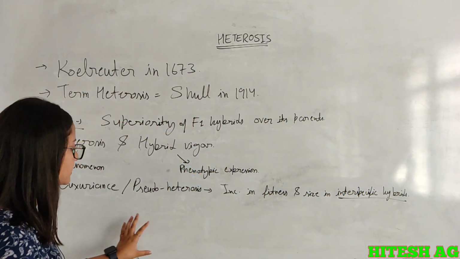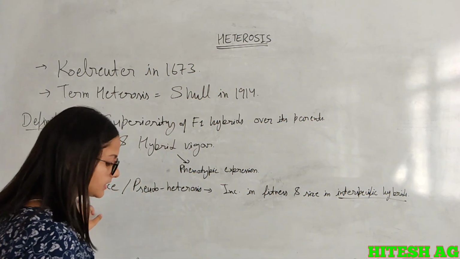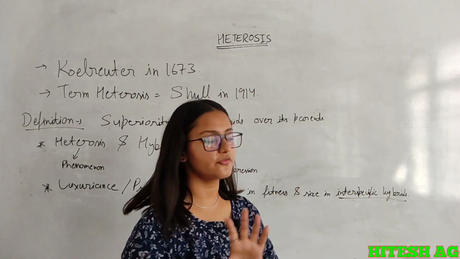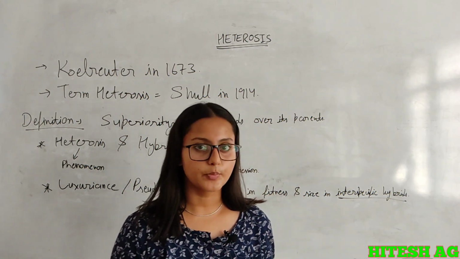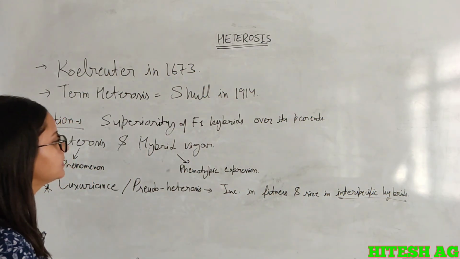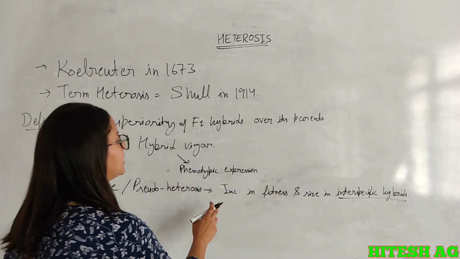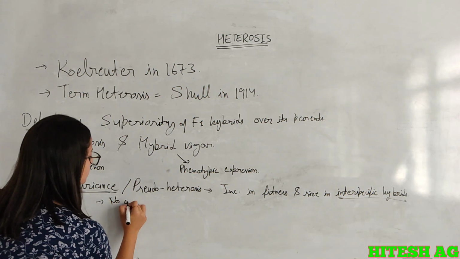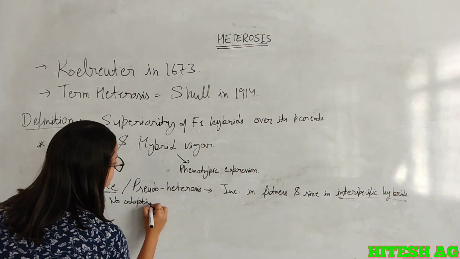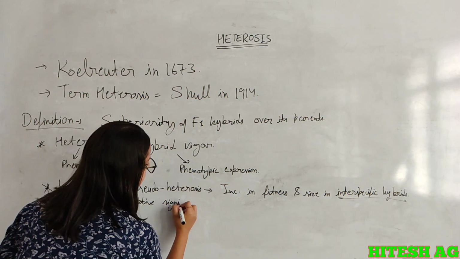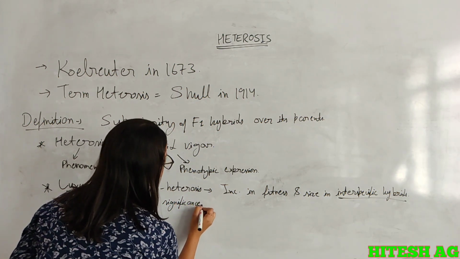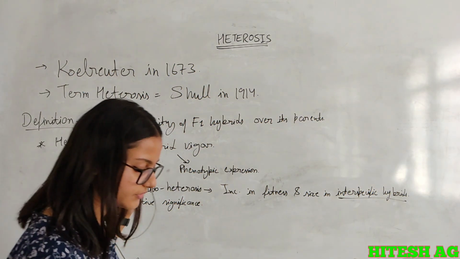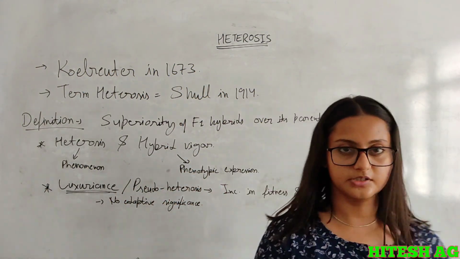So in luxuriance there is only increase in fitness in vegetative growth, not in reproductive ability. So there is no adaptive significance in luxuriance, which means breeders don't have any use of this phenomenon, pseudo-heterosis.